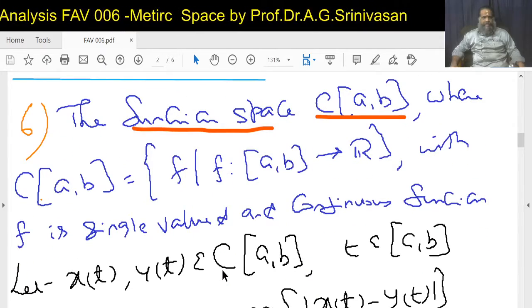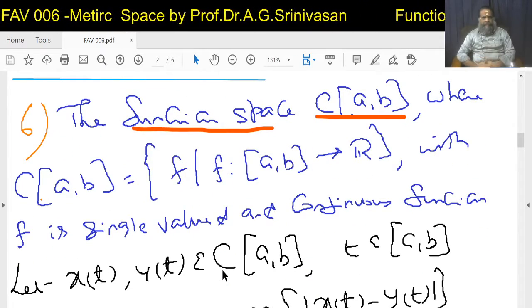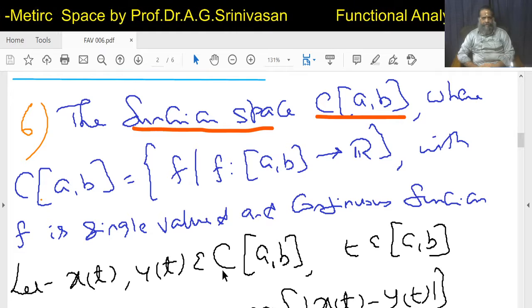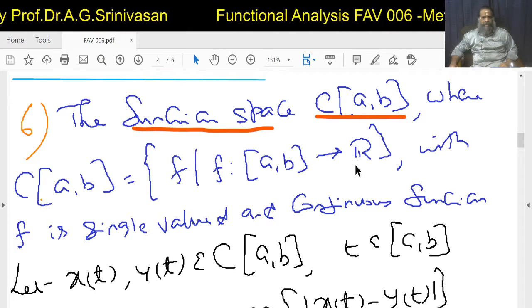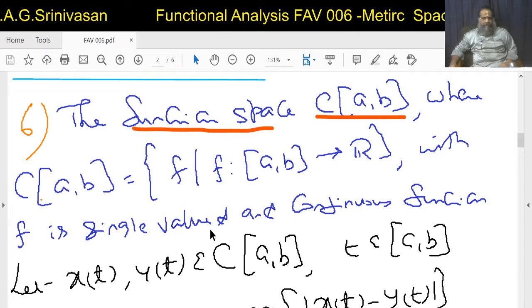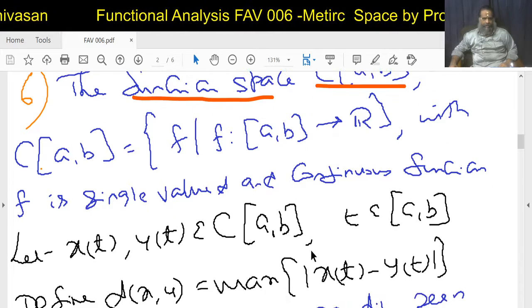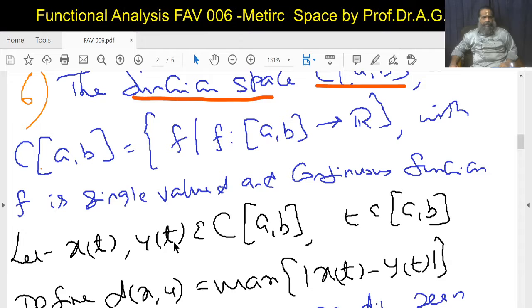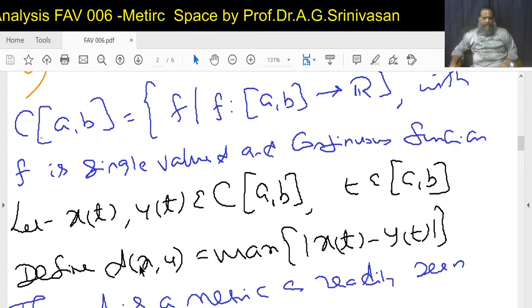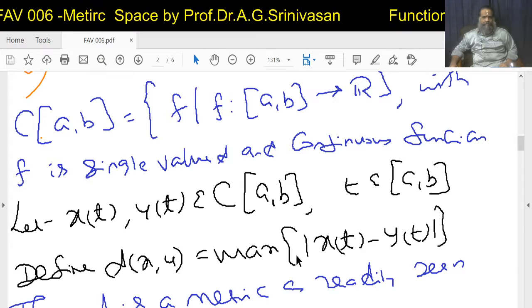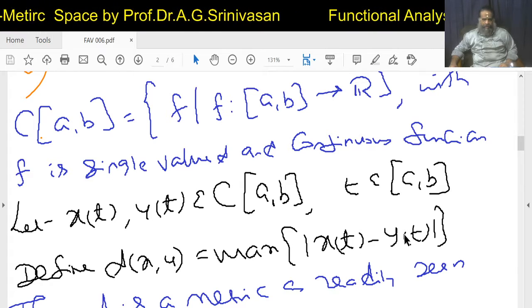Let's take the second example for the day, the function space C[a,b], where C[a,b] is the set of all functions f from [a,b] to R such that f is single valued and continuous. Let x(t) and y(t) belong to C[a,b] and t belong to [a,b]. Define d(x,y) as the maximum of |x(t) - y(t)|.